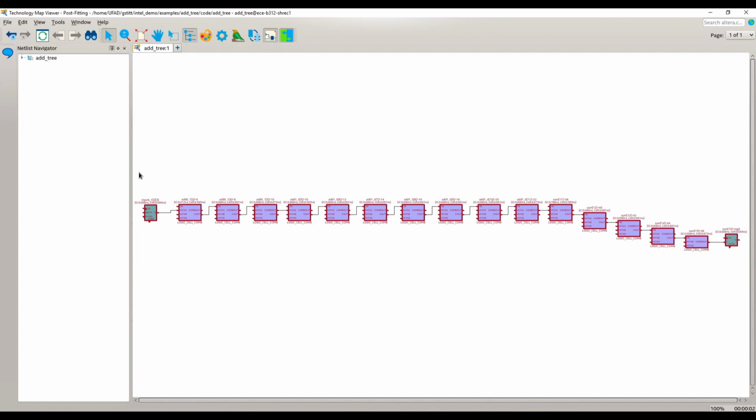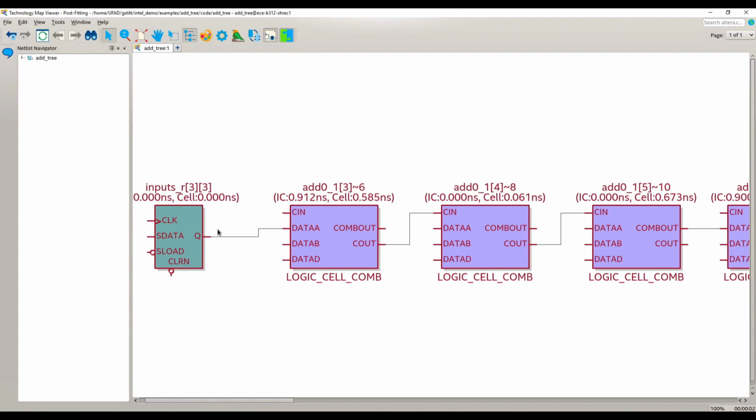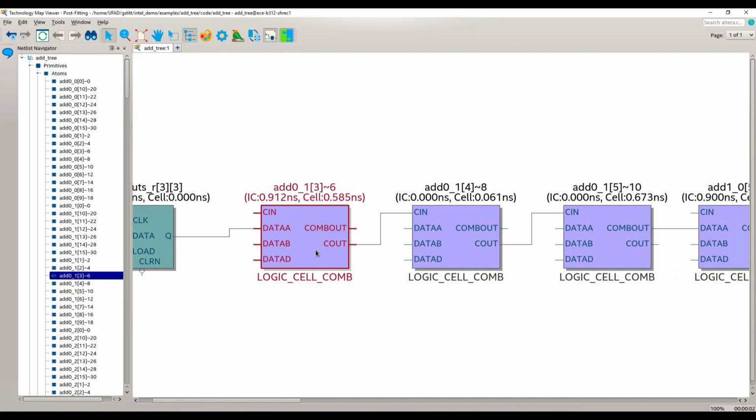And it's probably too small to read, so let me zoom in a little bit. So here's our input register, this one particular flip-flop of the input register. And then we're going into a logic cell, which is basically a lookup table for this adder. And you'll notice there's a whole bunch of those for the same adder.